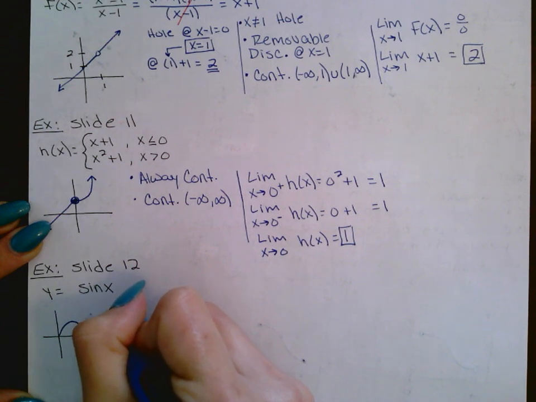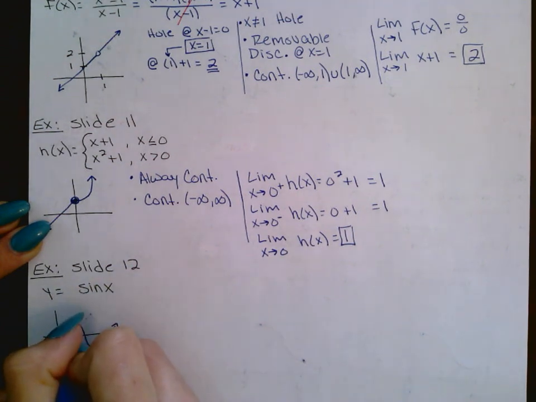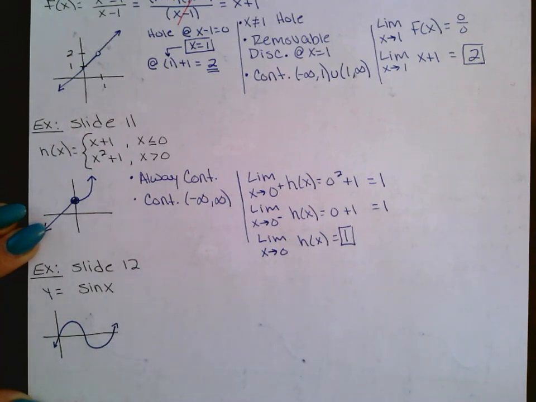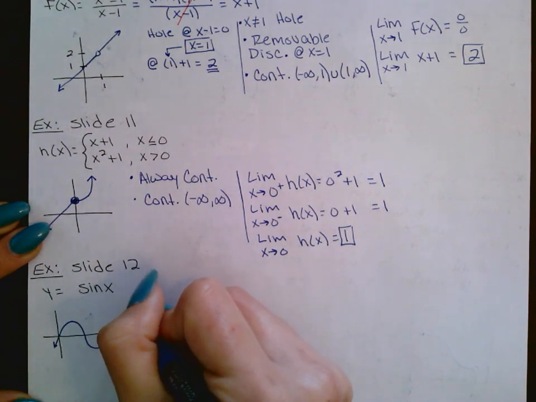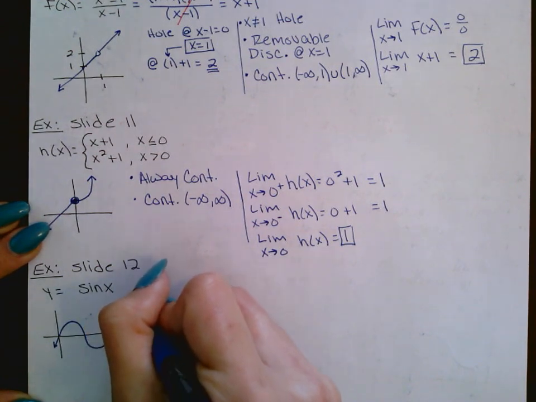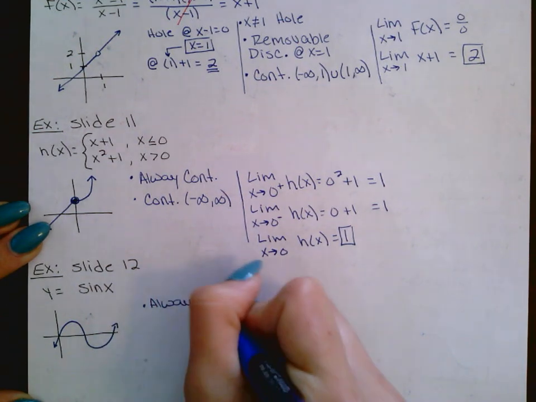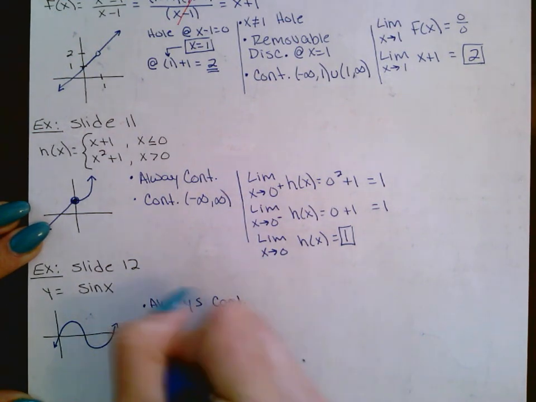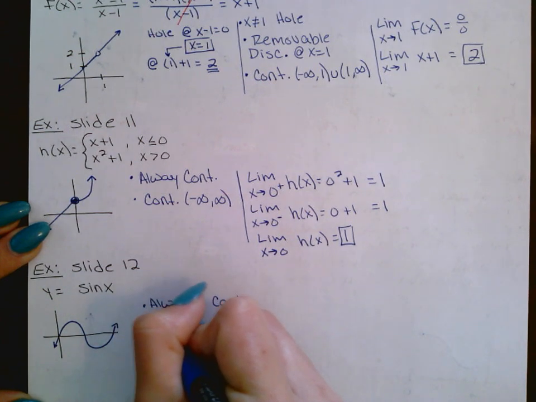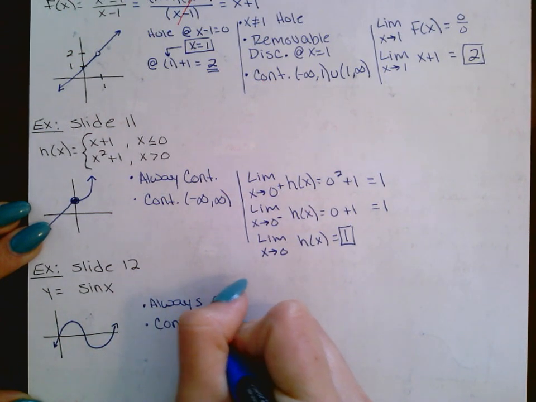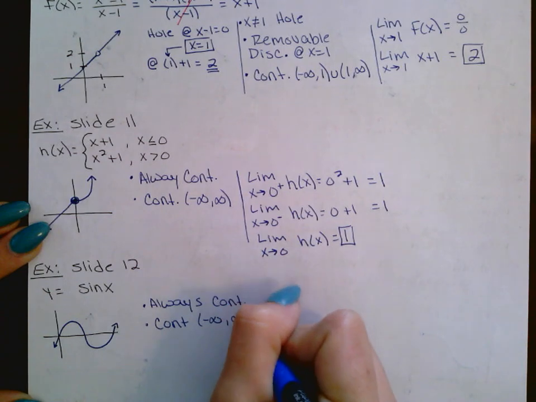These graphs continue doing that same wave forever and ever to the left and right. It's like a wavelength that continues forever. So the nice thing about sine, we can say that it is also always continuous. Or we can say with our math notation, continuous from negative infinity to positive infinity.